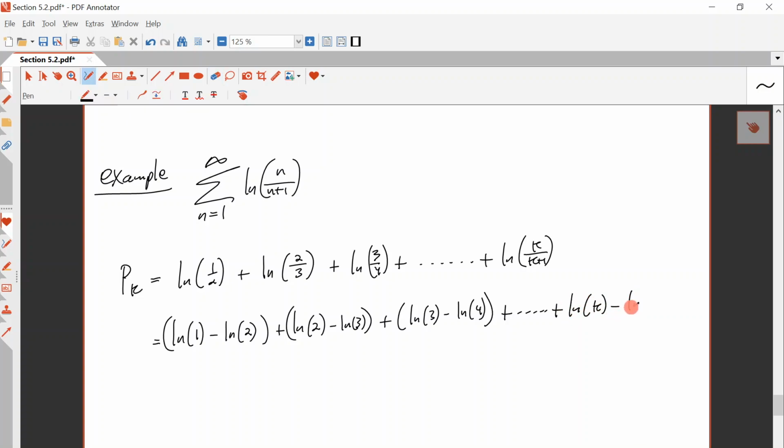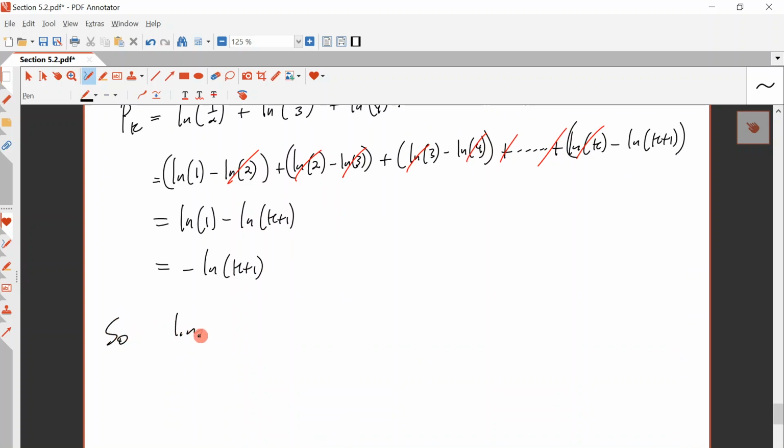The natural log 2's cancel, the natural log 3's cancel, natural log 4's cancel, all the way out to the natural log of k. Everything in the middle there cancels out, and we're left with natural log of 1 minus natural log k plus 1. That's 0. So it's just minus the natural log of k plus 1.